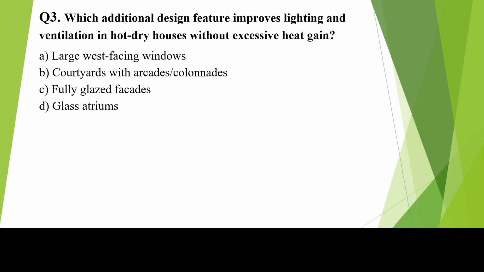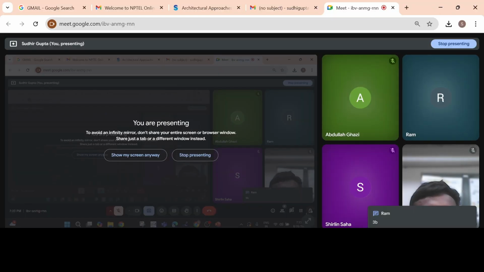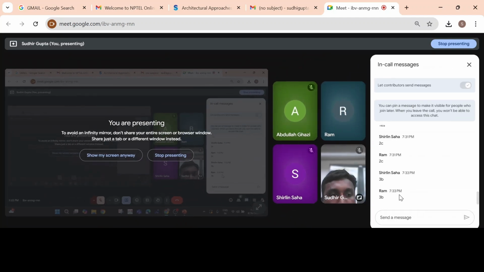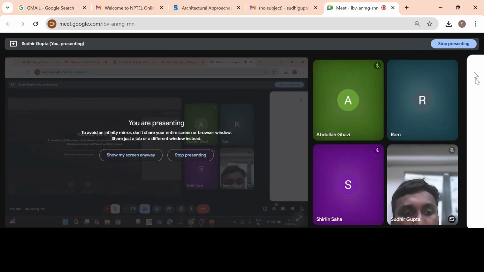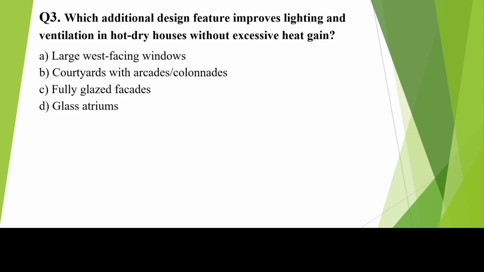This is a very good question that is testing your concept. I have received multiple answers for this question number three. Okay, 3B has been marked by many of you, and B is the correct answer for this question number three.